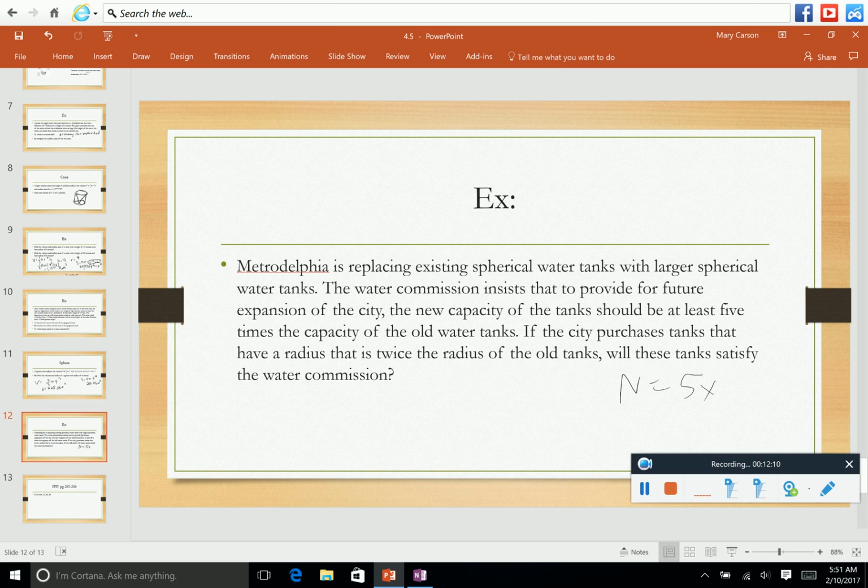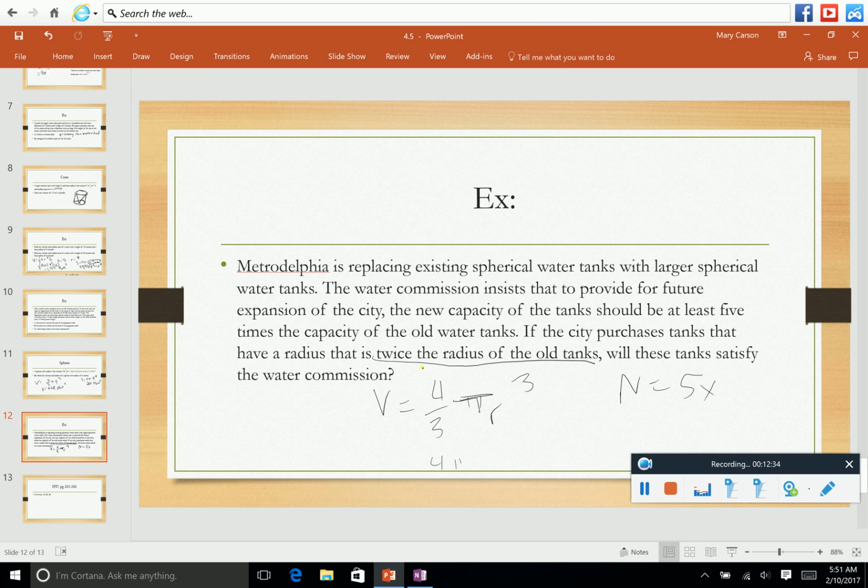So the formula for volume of a sphere is 4/3 pi r cubed. And it says that the radius for the new is twice as much as the radius for the old. So we want to see if this will work.